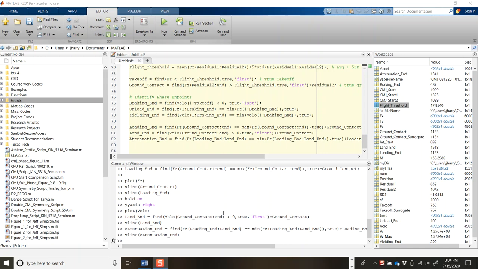All right, part 4 of the single trial series is going to focus on variable extraction or calculation. So specifically, everything we've done up until now is to import the trial and process that trial with some filtering, if we do or do not decide to do that.